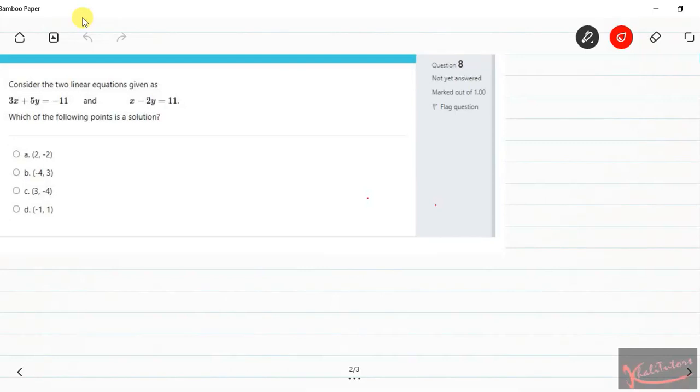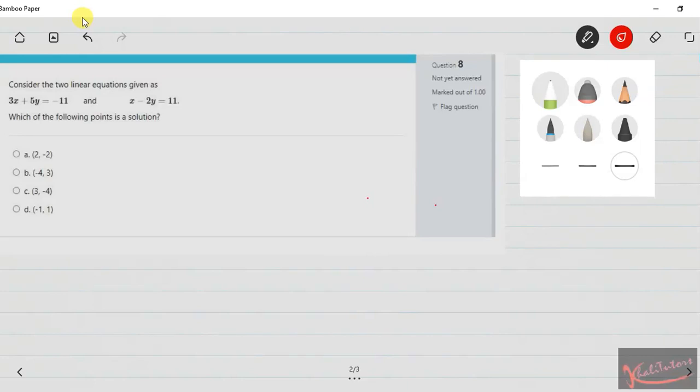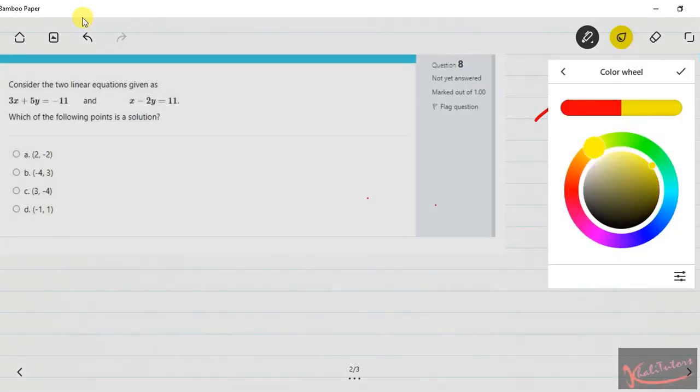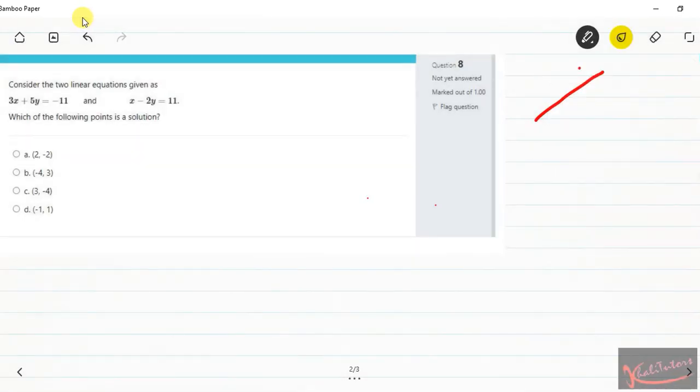So when you're dealing with a system of linear equations, for example, let's say you have two graphs, graph 1 and graph 2. The point where these two graphs meet is the solution to that system of linear equations.